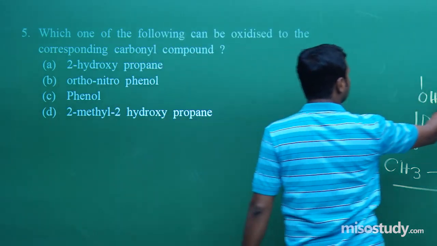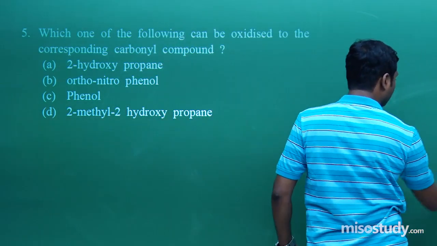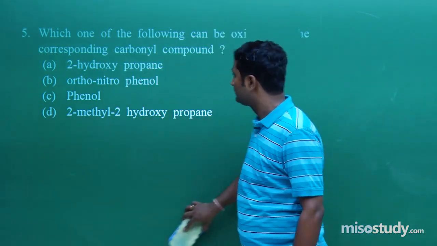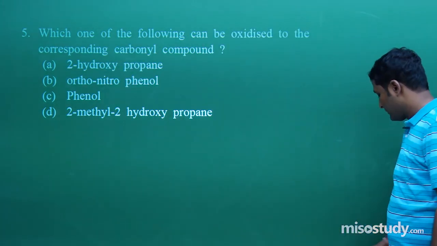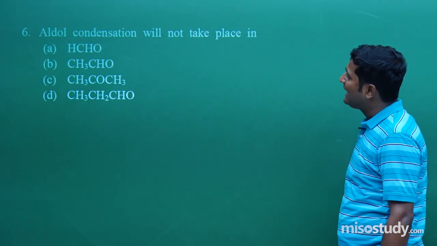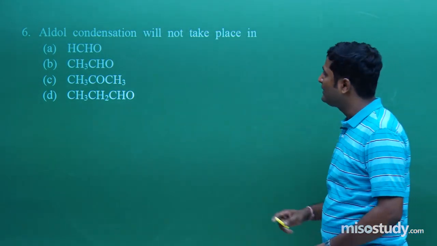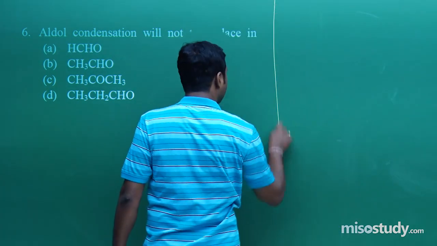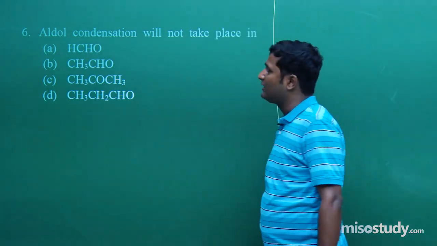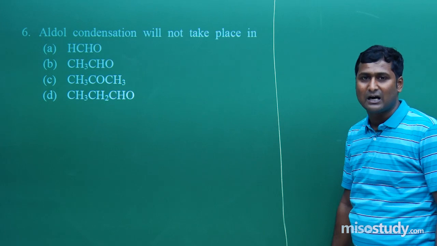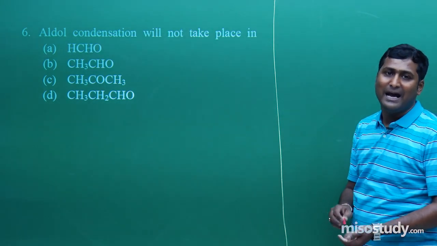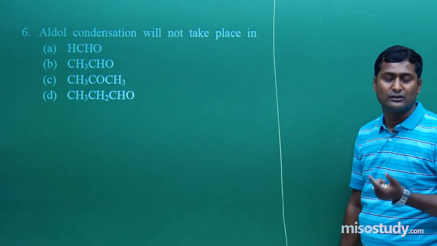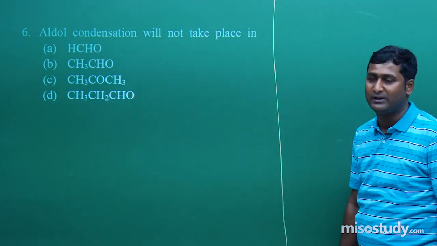Now that is question number 6. Aldol condensation will not take place in which of these? This is a simple question. As we know, aldol condensation is given by those carbonyl compounds which contain at least one alpha hydrogen.